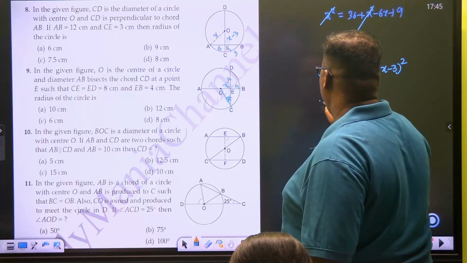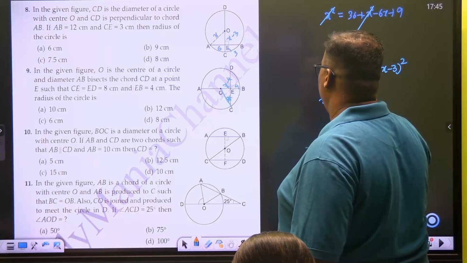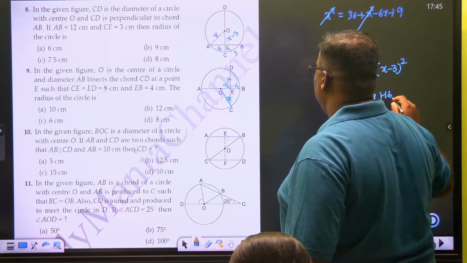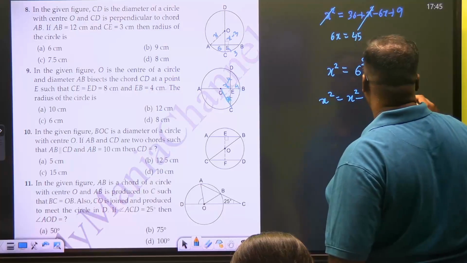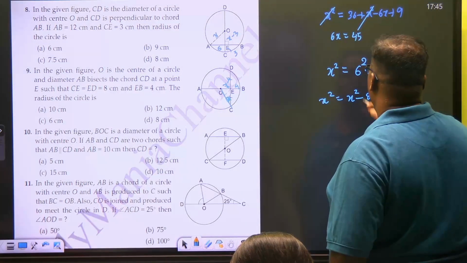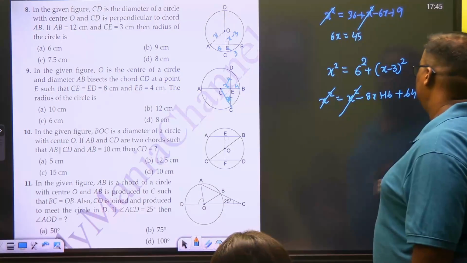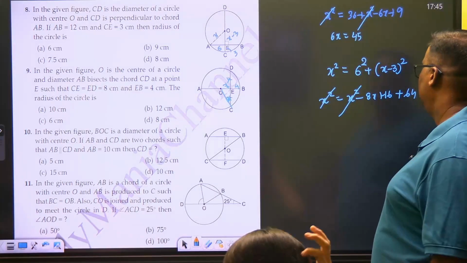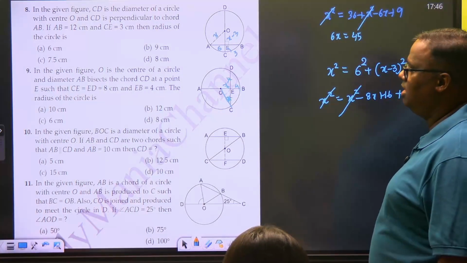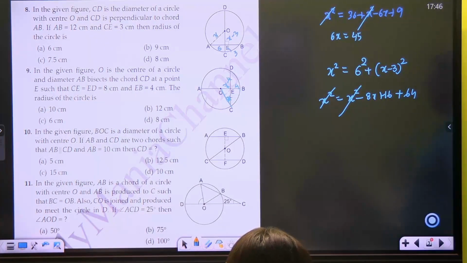So this time it will be x square is equal to x square minus 8x plus 16 and then 16, and C's value is 8 plus 64. So x square gone. 64 and 16 make it how much? 80. 80 and 8, so it will be 10. 10 is the answer. Did you understand or not?